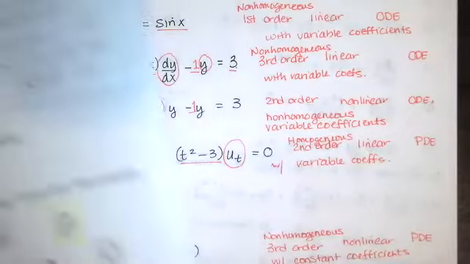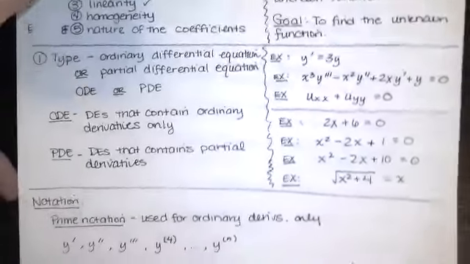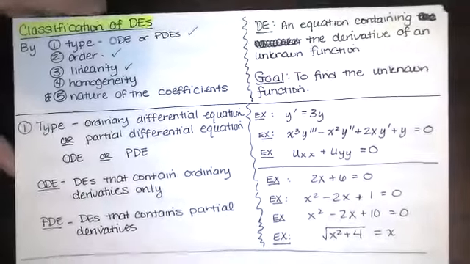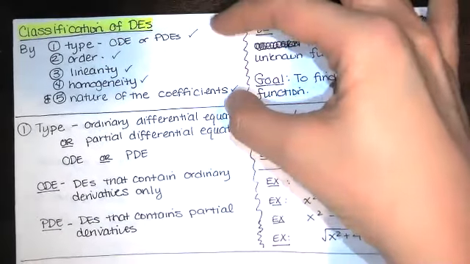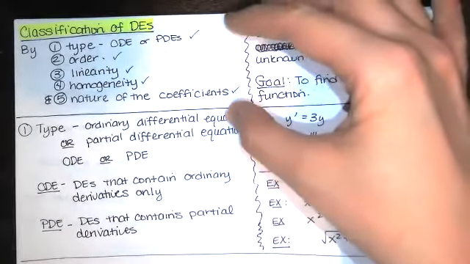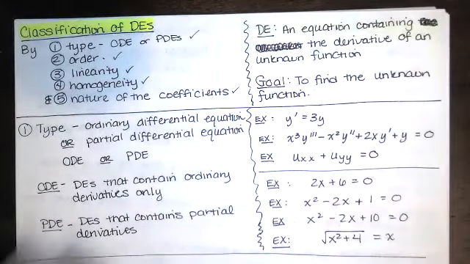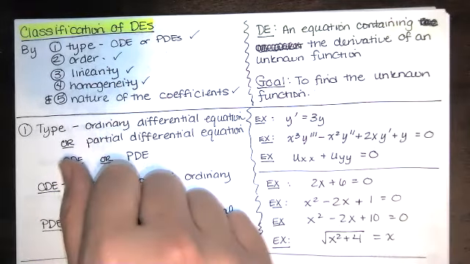Okay, so that is how we classify differential equations. You've got some problems in your homework where you're asked to classify. It'll be a very simple question. I'll just give you a differential equation and I'll ask you to classify the differential equation by these 5 characteristics. And later in the course, this is going to be really important because if the differential equation is linear, it's nice and easy to solve.